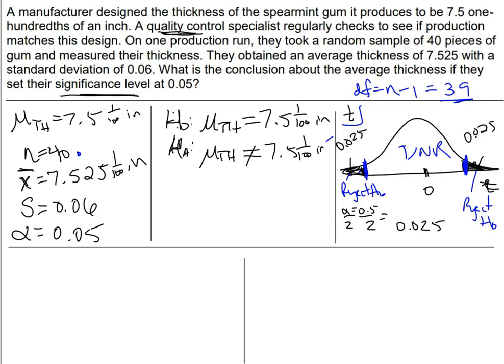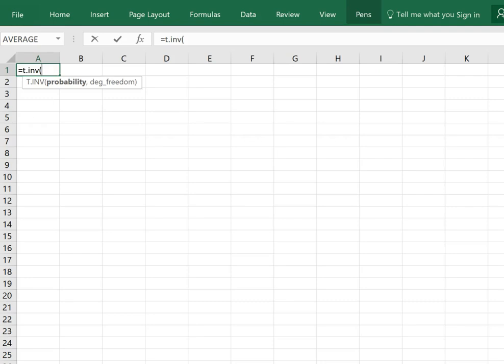How much probability do I want to the left of that point? For this first value, I want 0.025 probability to the left of that point. So I enter my 0.025 probability and then comma, and it brings up degrees of freedom, right? Because each of the t-distributions looks a little bit different based on the number of degrees of freedom. As the number of degrees of freedom increases, it gets asymptotically close to a normal distribution. I've got 39 degrees of freedom, n minus 1, right?